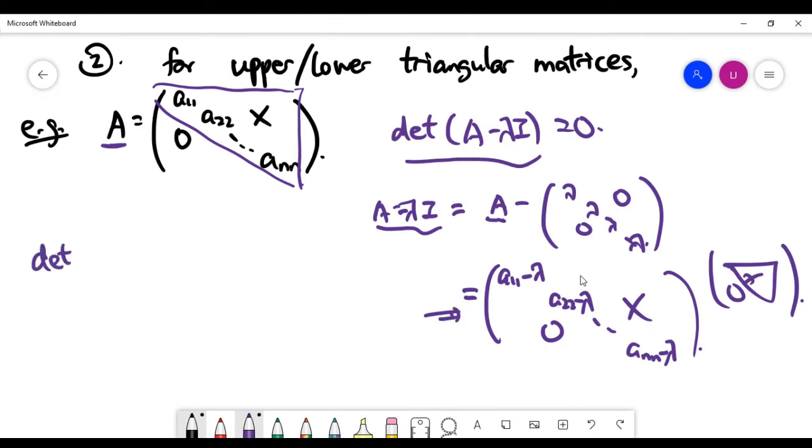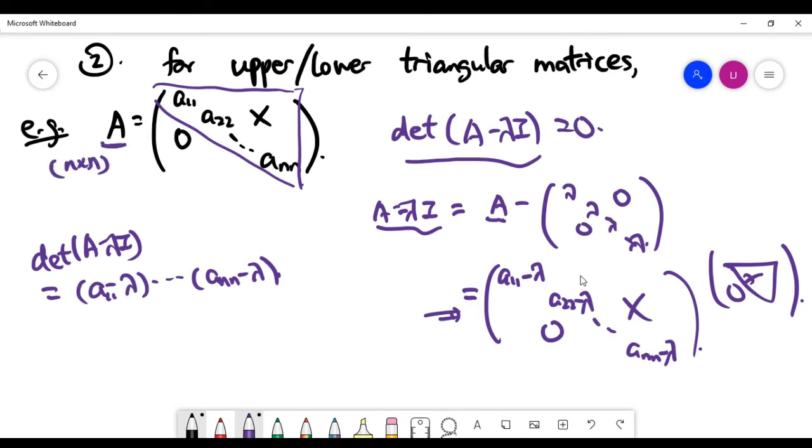And if you recall the special fact about finding the determinant of such an upper triangular matrix, you remember that no matter the size of the matrix A, even if it is very big, for the determinant of such a shape of matrix, we just have to multiply the diagonal entries like this. And you can see I'm assuming A to have size n by n. That's why it's from A11 up to Ann. And now it's basically a polynomial of degree n in lambda. And you have to set it to 0, right?